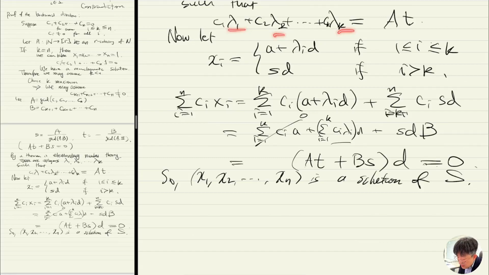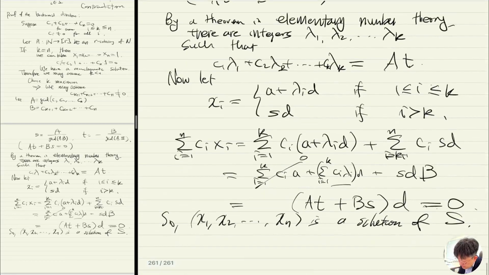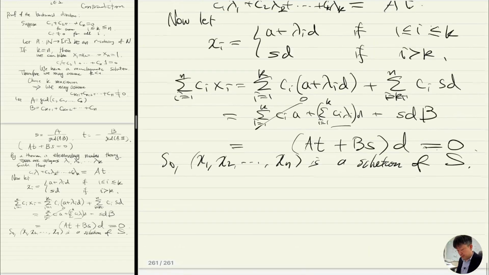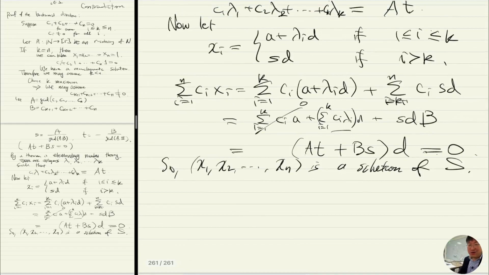Lambdas are fixed, right? Lambdas are given. So I need to choose a and d so that this is monochromatic.